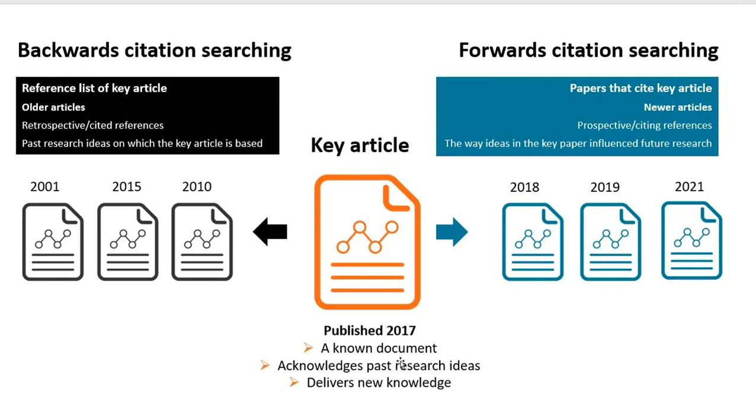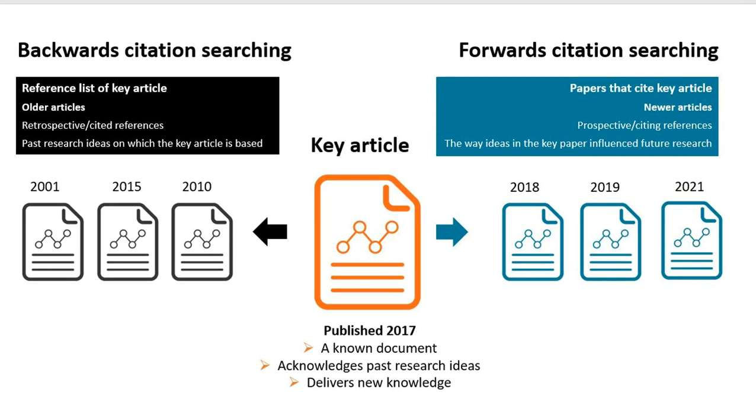For a key article, you need backward citation searching and forward citation searching. The article from which you took references is checked internally, either the reference list of the key article, or the cited references and past research ideas on which the key article is based. That is article mapping, key mapping.